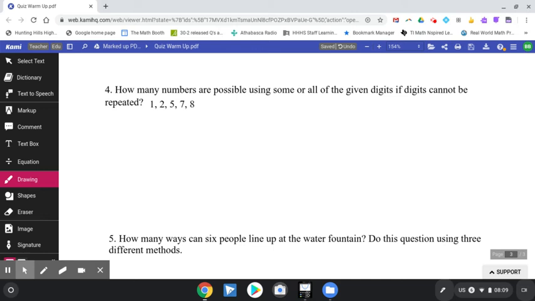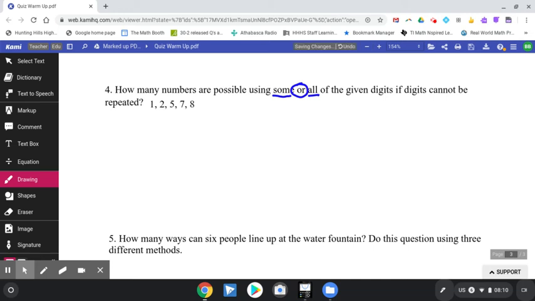And for number 4, how many numbers are possible using some or all of the given digits if digits cannot be repeated? Okay, and we're only allowed to use the 5 numbers that we are given. This is one of those questions where it just feels like information is missing. Use some or all.